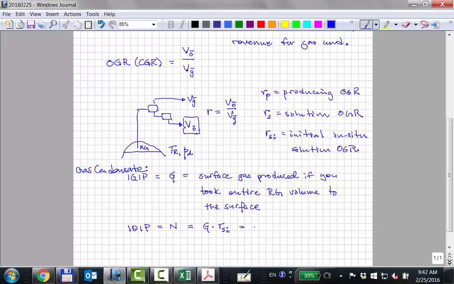So that's the surface oil or condensate, if again you took the entire reservoir gas volume to the surface.